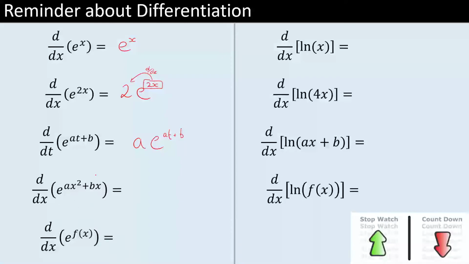Now, we've got one more before we get to our general rule. We've got d by dx of e to the ax squared plus bx. This one's a little bit more complicated, but let's follow what we've done so far. We know that it's going to be proportional to the original function. So I know that it's going to have something which includes e to the ax squared plus bx.